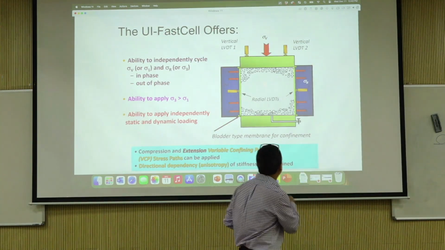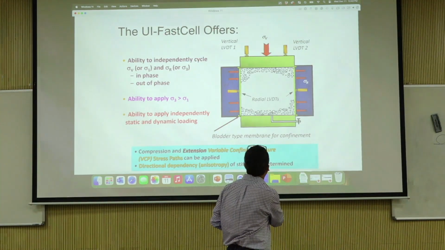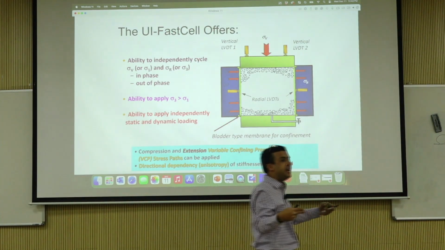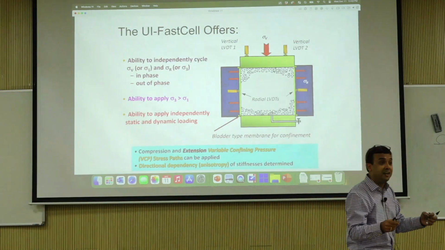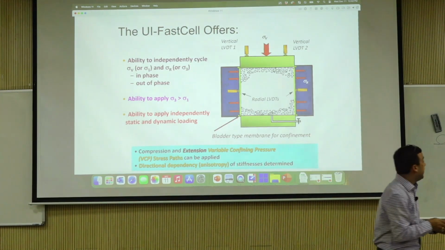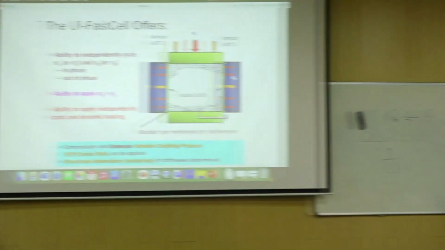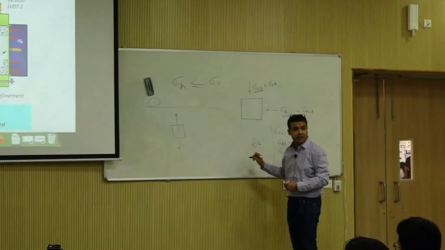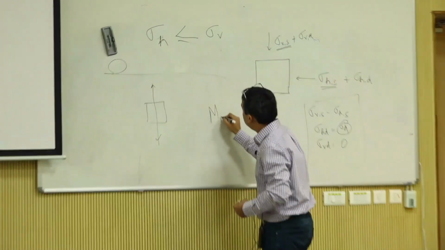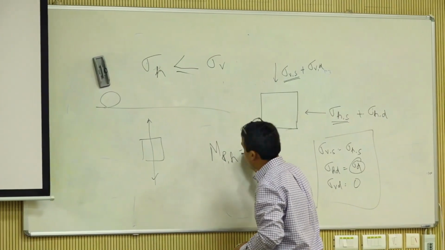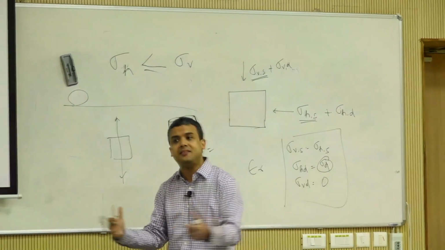That is the reason this is separately applied, and now you also have radial LVDTs. I can actually apply a radial deviator stress and measure a radial recoverable strain, and I can actually define MR,H, horizontal resilient modulus.